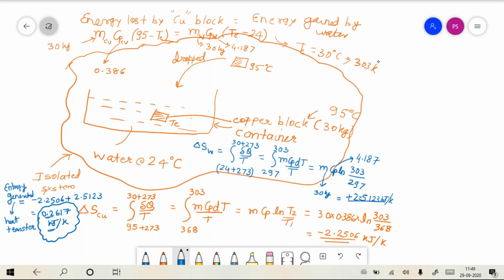Take down the problem. This also is a problem of copper block, but with certain difference. Okay. Now, a copper block of mass 1 kg. One more example I'm taking, Mayur, but with slight difference.